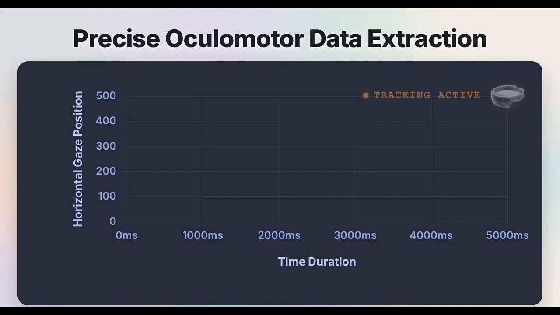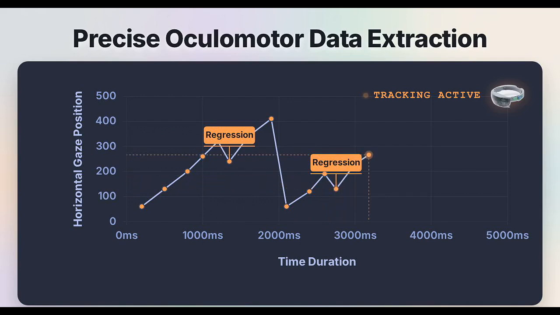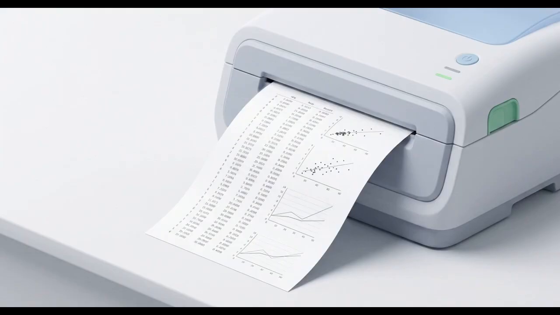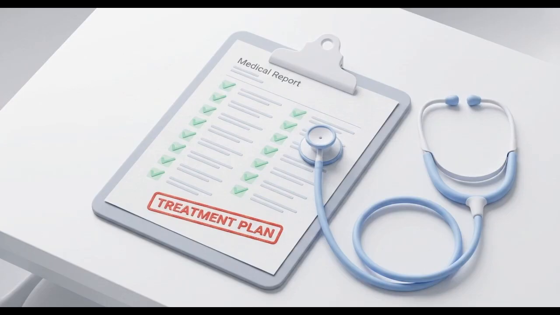The sensors provide advanced computerized data extraction, identifying exact fixations, microscopic regressions, and precise reading speeds impossible to count by eye. This hardware acts as the ultimate verification layer, permanently removing the margin of human observation error from the diagnostic pipeline.